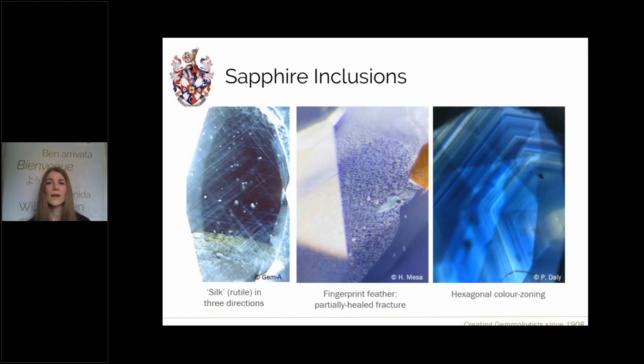And finally, we have color zoning. This is a fine image of some hexagonal color zoning here. And if you remember, our sapphire crystal had 6 sides. So sometimes you can see the echoes of that crystal growth within that color zoning. Also, you can sometimes within sapphires just have some straight color zoning, and I'm outlining an area here with my mouse. Sometimes you'll only just see that, some straight color zoning, or maybe even just one angle of that hexagonal color zoning.